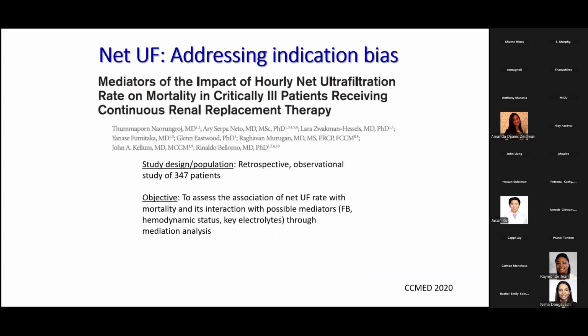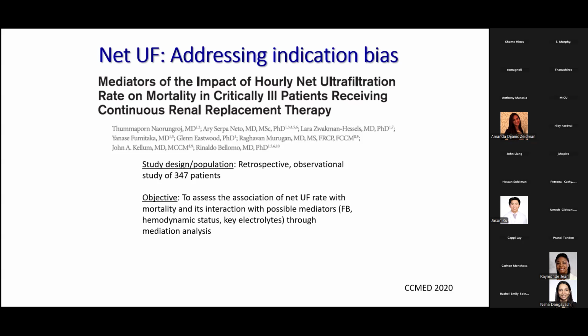And of course, because these are observational studies, a lot of the critiques in the subsequent months and years was, well, there is indication bias, clearly, for what I said, that patients may have different indications, not necessarily fluid management, for initiation of CRRT in that trial.